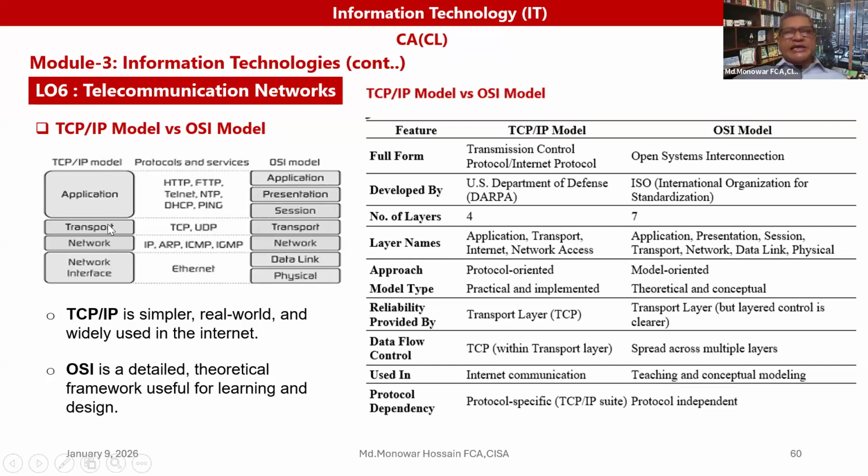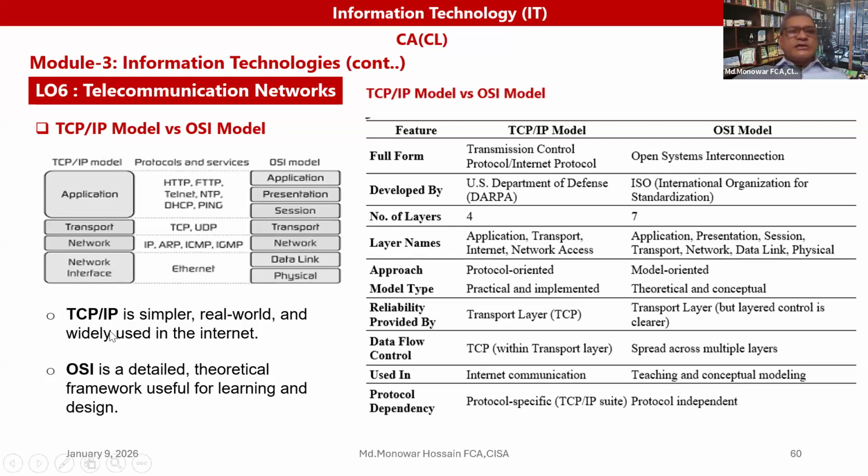The transport layer is the same in the TCP/IP model and the OSI model. The network layer in the TCP/IP model is also the same as in the OSI model. But the network interface layer is divided into 2 layers in the OSI model, data link and physical layer.